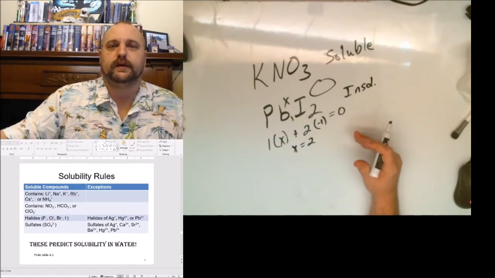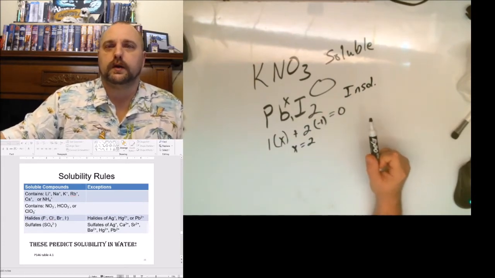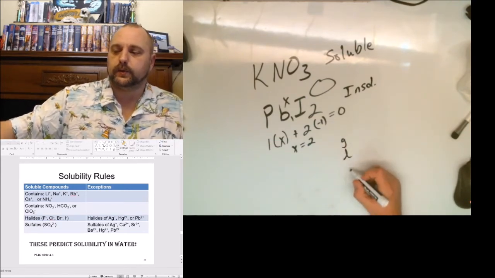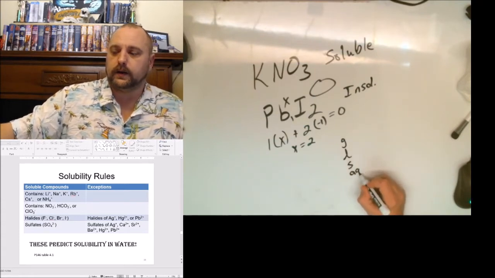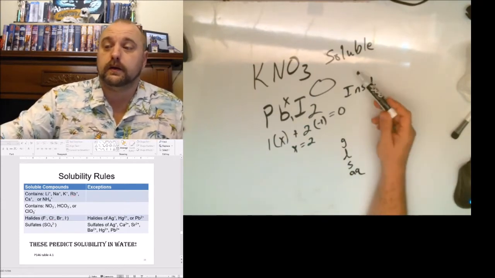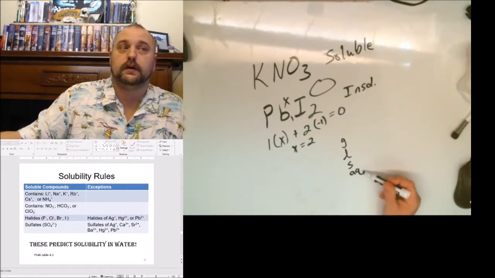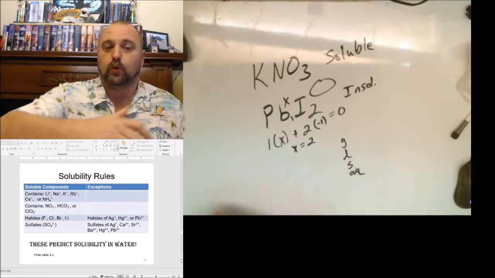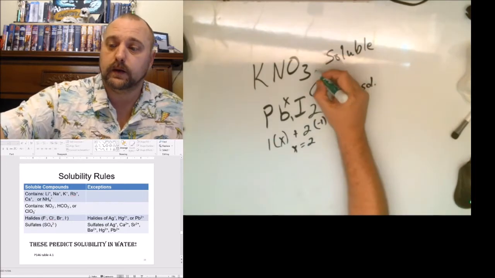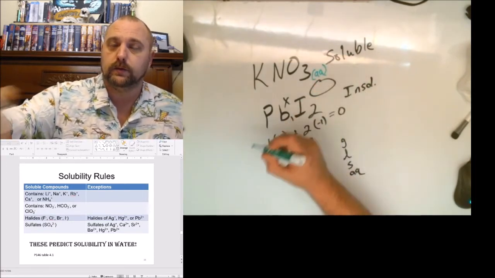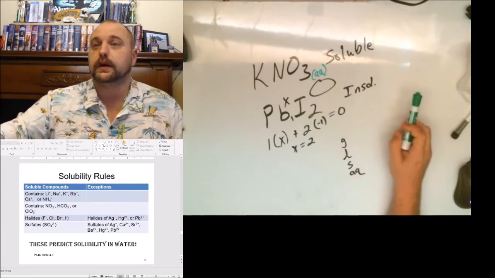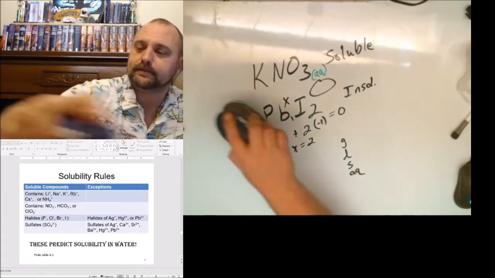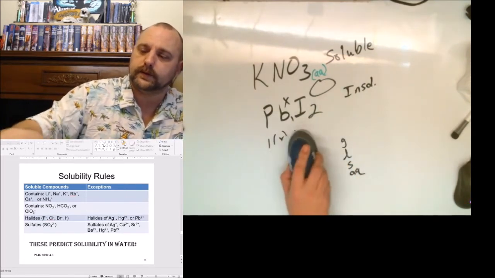Now I want to indicate these with my states of matter, and this is where a lot of students get confused. States of matter: gas, liquid, solid, aqueous. If it's soluble, it'll be aqueous. Remember, my solubility rules only apply for water. So I'll put AQ for my KNO3. It is soluble in water. It's aqueous. The lead 2 iodide, notice I threw that in, had to use the stock system.